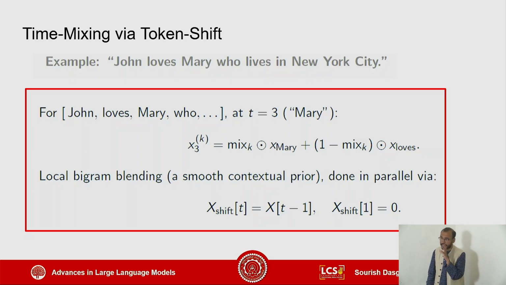Or even if it does, it should get a punishment because it is far away from Mary in comparison to loves. So what it's trying to do is balance this percentage with two norms, beta and alpha.